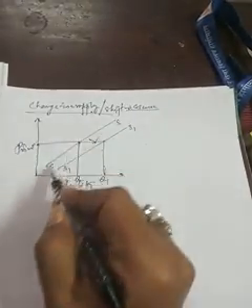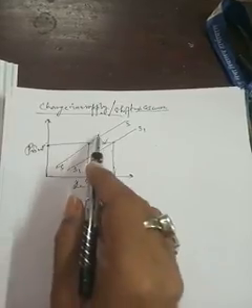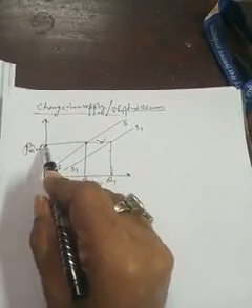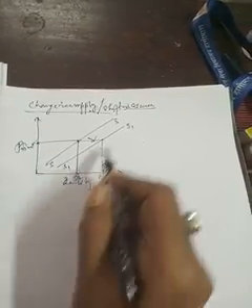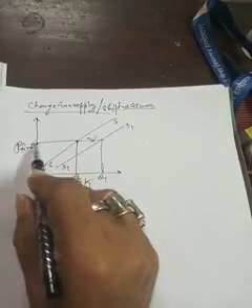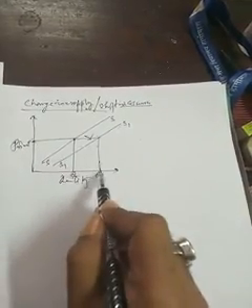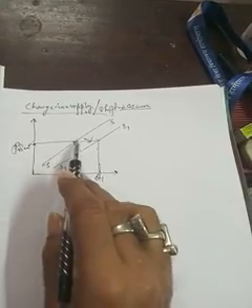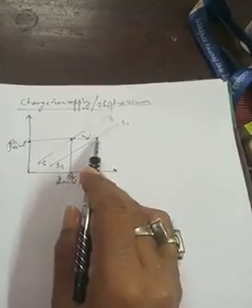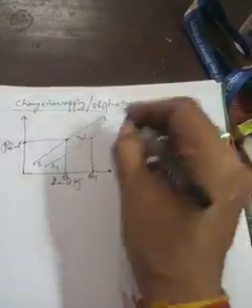At price P you supplied this Q quantity, but when the supply curve shifts rightward, at price P you are now supplying more quantity Q1. So when the supply curve shifts rightward, supply increases.